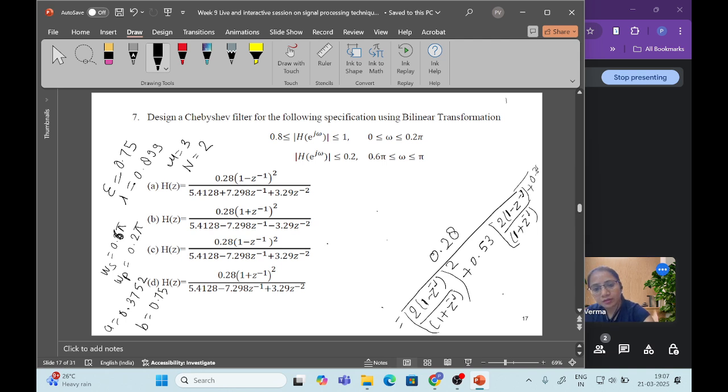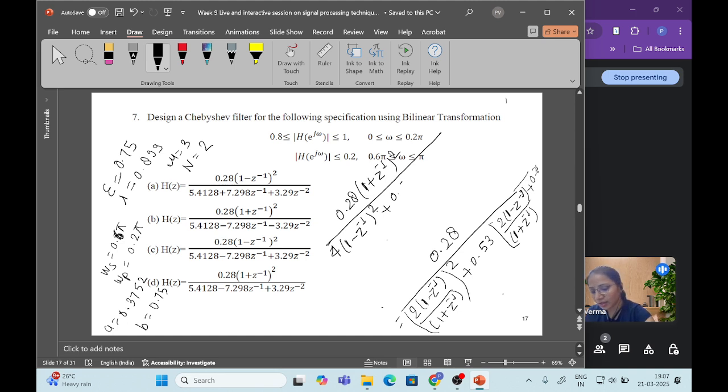Now what we need to do, I am removing it from here, otherwise we can't calculate it. Okay, now 0.28, taking 1 plus z inverse square divided by 4 into (1 minus z inverse) square, right? 2 square is 4, 1 minus z inverse, plus 0.53 into 2.